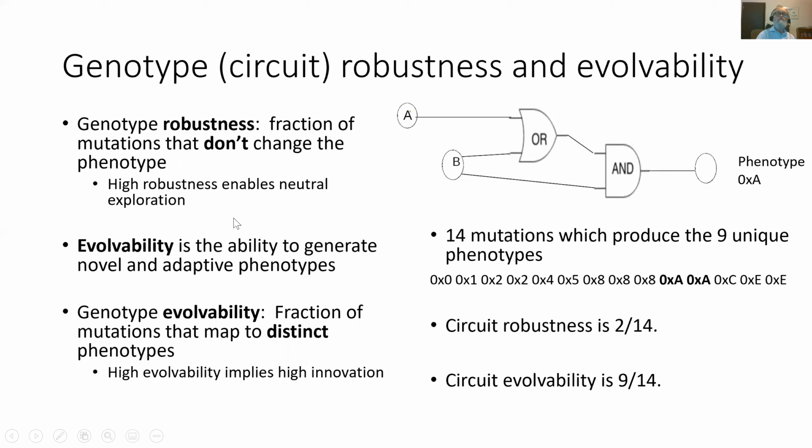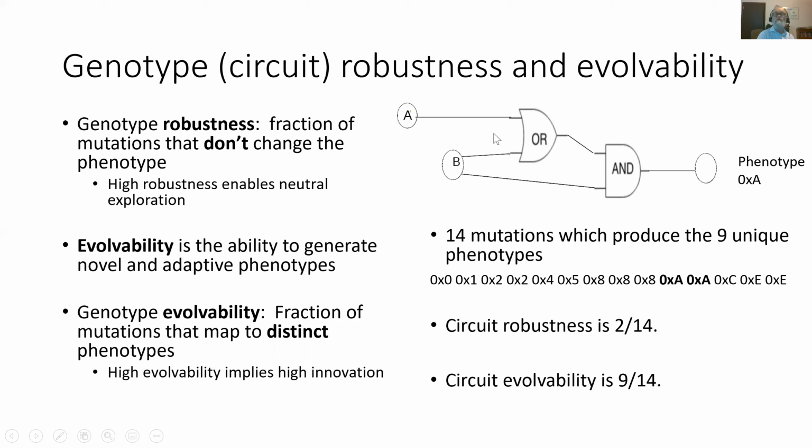And so what do we mean by robustness and evolvability? We'll start with genotype robustness, which is the fraction of mutations that don't change the phenotype. In the example circuit on the upper right, there are 14 possible mutations, and 2 of these mutations don't change the phenotype.